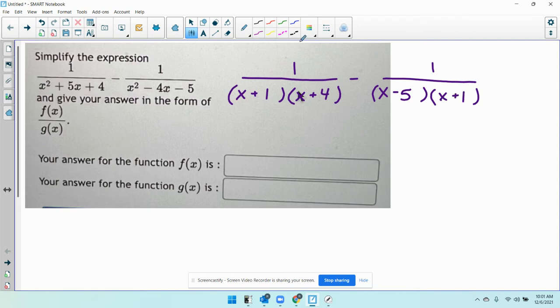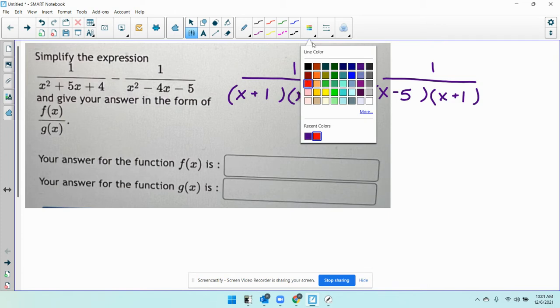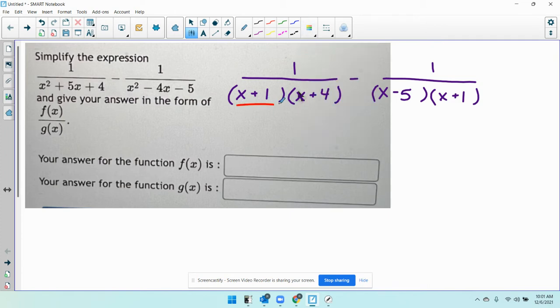Okay. So I can't combine these until they have the same denominator. They both have an x plus 1, so that's good. This has an x plus 4, and this has an x minus 5. So I have to make sure the first denominator has an x minus 5 in it, and the second denominator has an x plus 4 in it. They got to look exactly the same. So what I'm going to do is multiply each denominator by what it's missing.